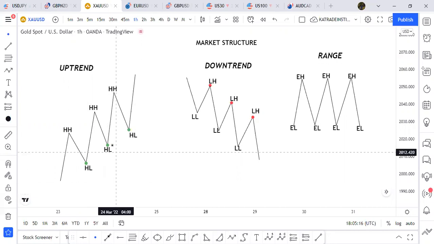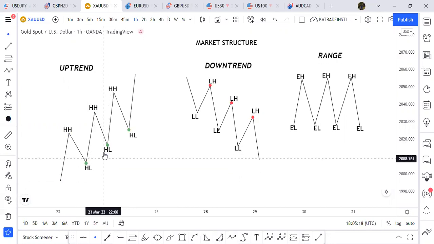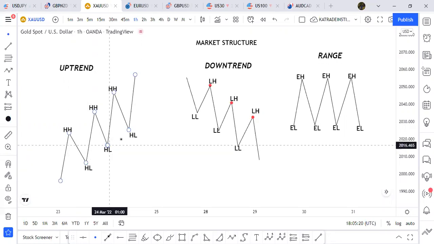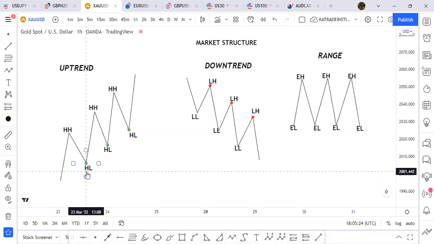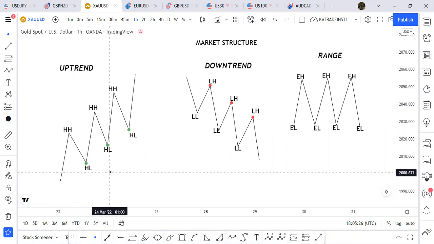And in the uptrend, we are only looking for what? Buying opportunities. HH stands for higher highs and HL stands for higher lows.